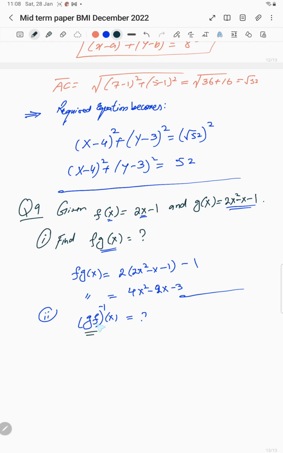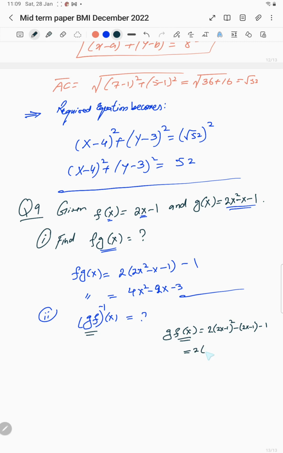So first put function f in g. So gf of x will be, it means f of x must be replaced in g. Any 2x minus 1 should be here. We get 2 into (2x minus 1) square minus (2x minus 1) minus 1.